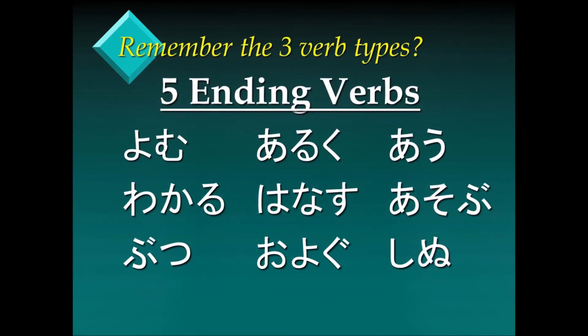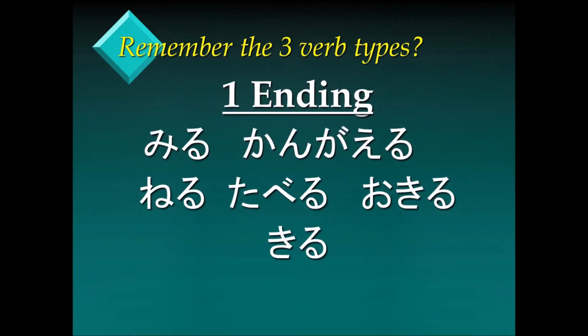Just to review, there are three types of Japanese verbs, right? There's the five-ending verbs. So there's yomu, aruku, au, wakaru. They all end with an u sound in the base 3 setting. There's also one-ending verbs. Miru, kangaeru, neru, taberu.